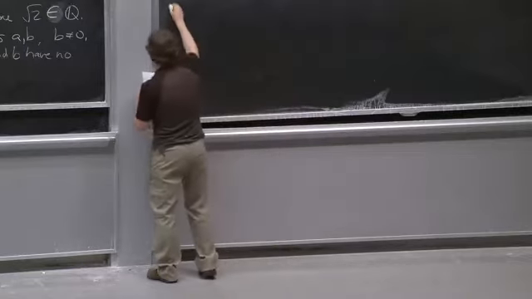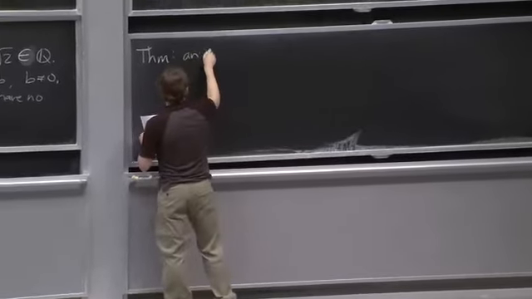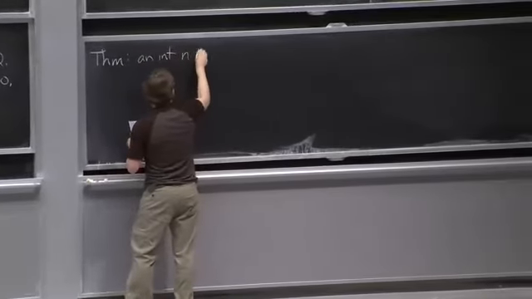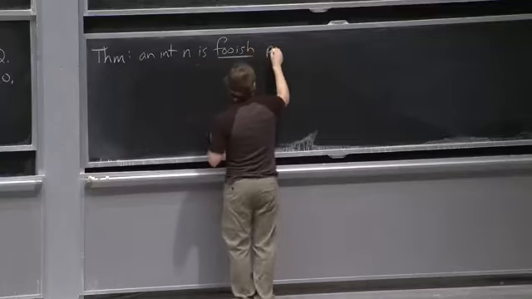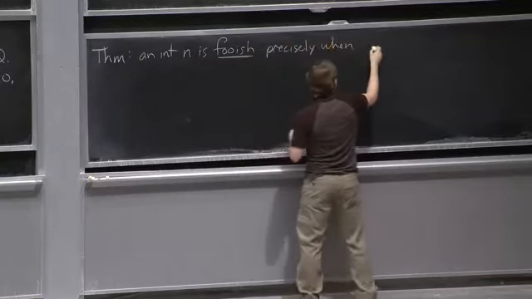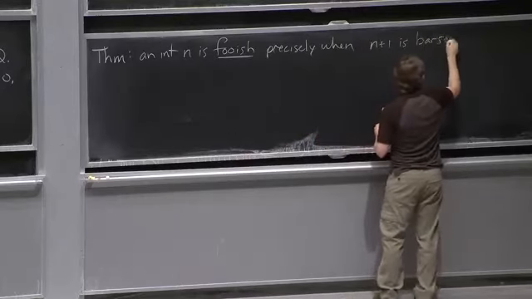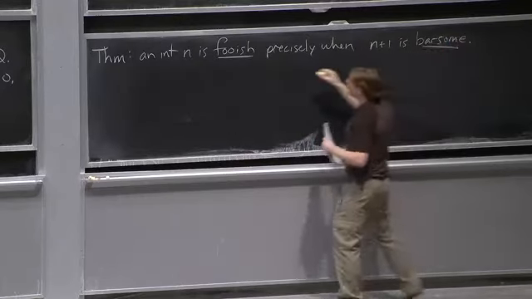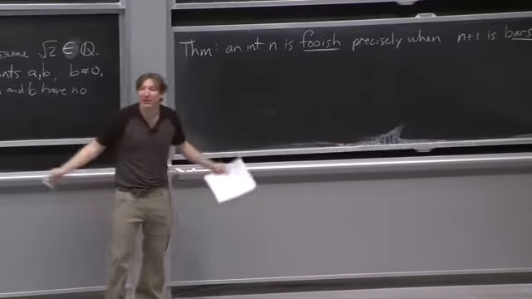So let's say we have a theorem. Let's see. An integer n is fooish precisely when n plus 1 is barsome. What do these underlined words mean? Absolutely nothing. But let's imagine they actually mean something.